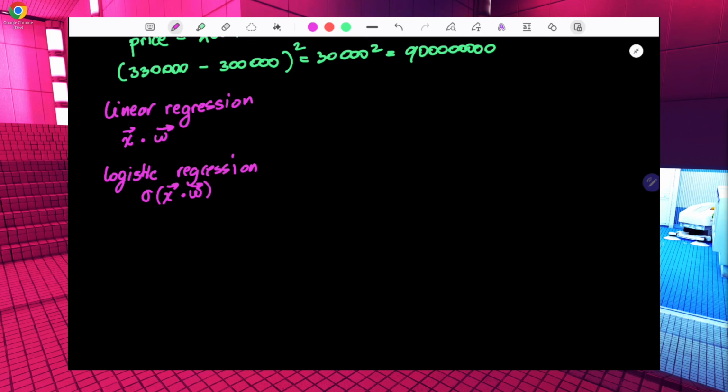So what is happening is that the values will be squashed into a certain interval, in this case 0 to 1. Okay, the logistic function is a probability, and the closer the result is to 1, the more chance there is that the house is overvalued, and vice versa.